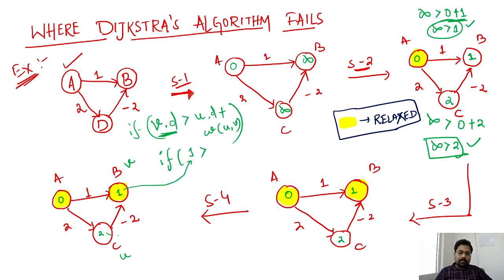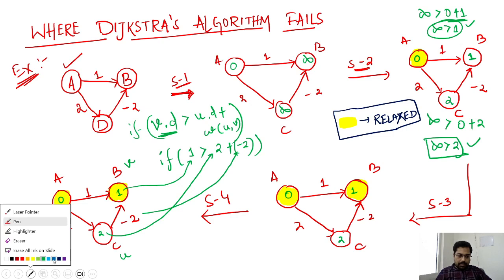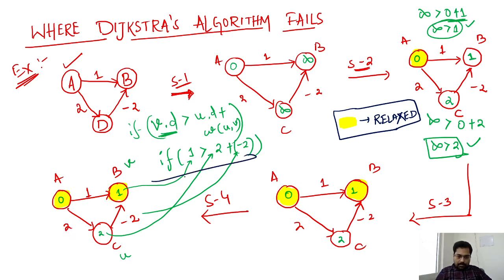Is 1 greater than 2 plus minus 2? 2 minus 2 will be considered as 0 now. So if 1 is greater than 0, yes, it is possible, it is correct.